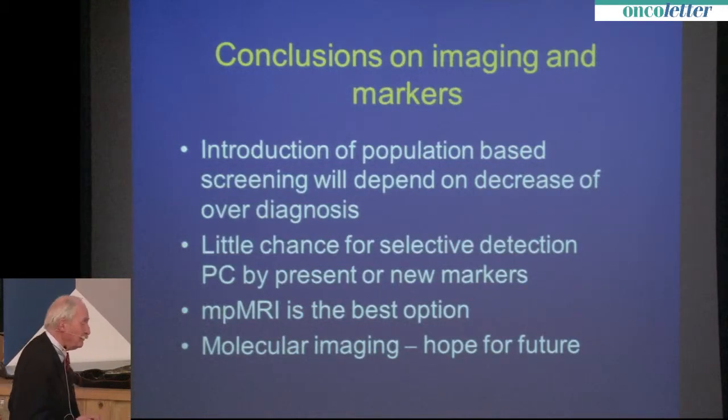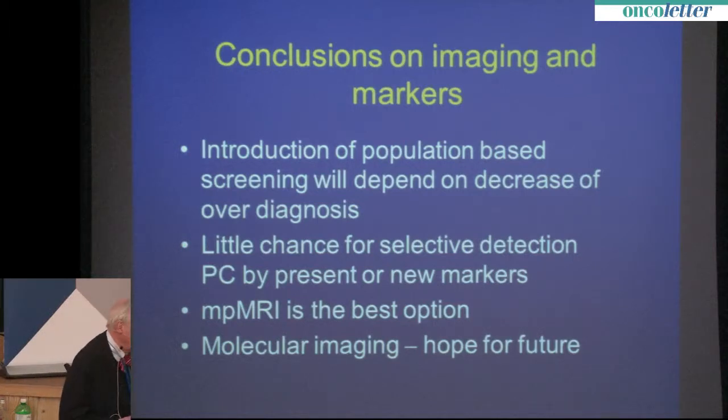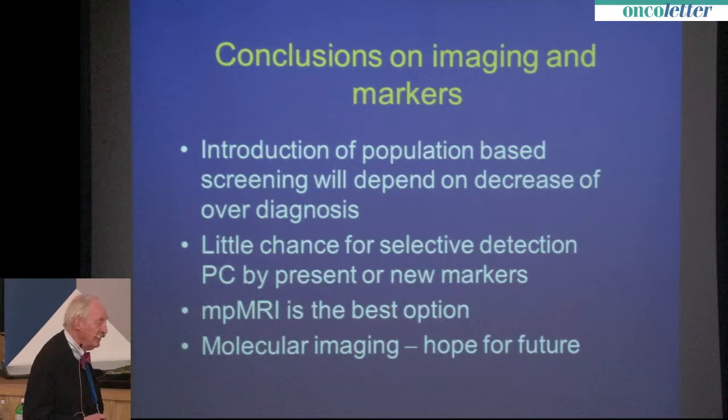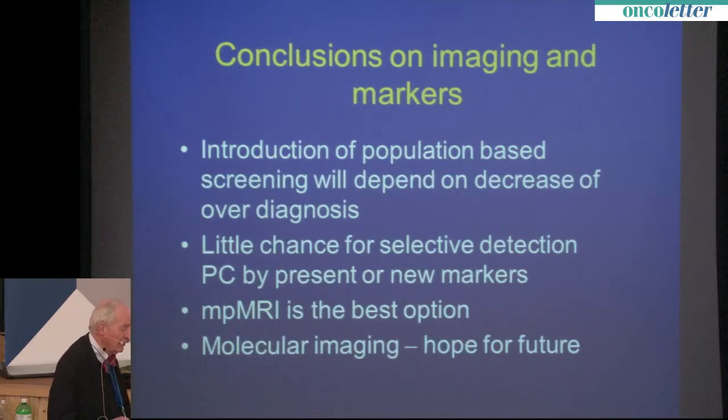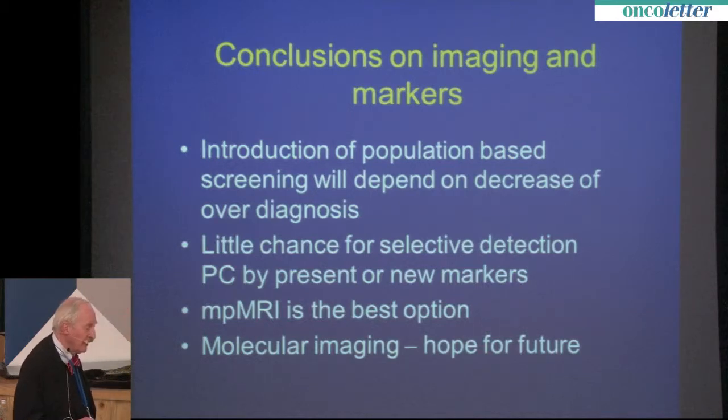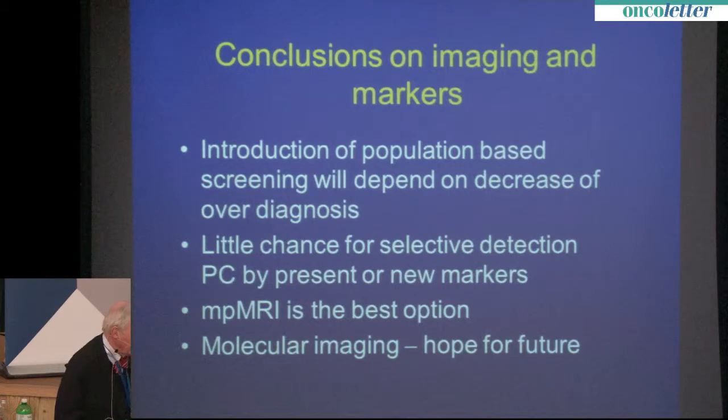So in conclusion, on this part, I would like to state that the introduction of population-based screening will depend on a decrease of overdiagnosis largely, even if we show a larger effect on prostate cancer mortality reduction. There's little chance of selective detection of prostate cancer by present or new markers.